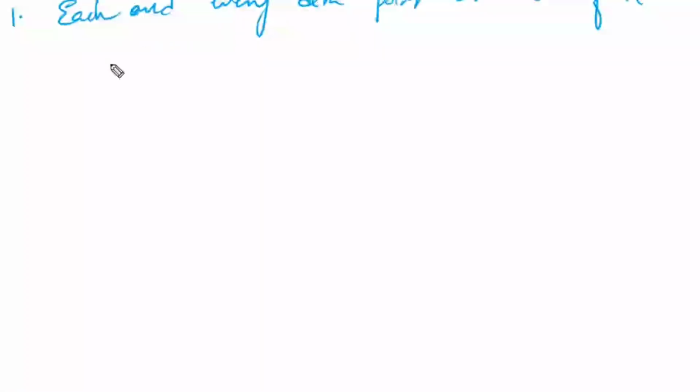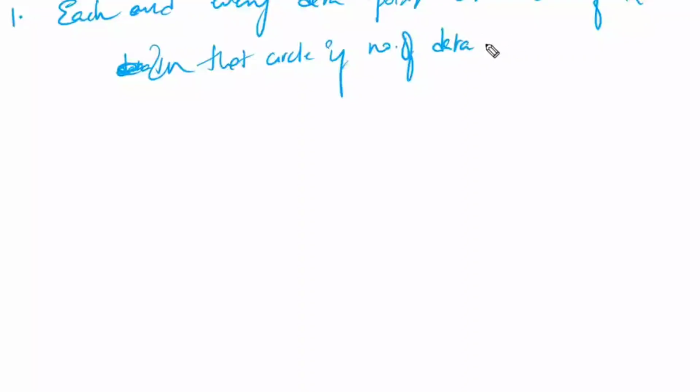For that data point, in the circle you have drawn, if the number of data points is greater than or equal to your M value, whatever minimum condition was given, it is satisfied.